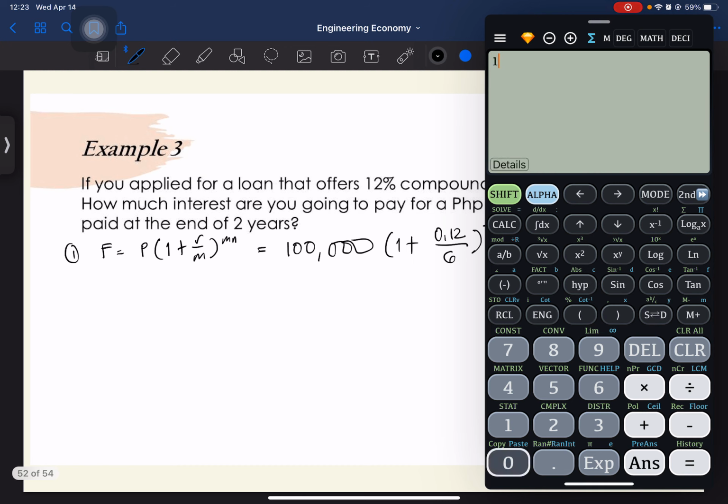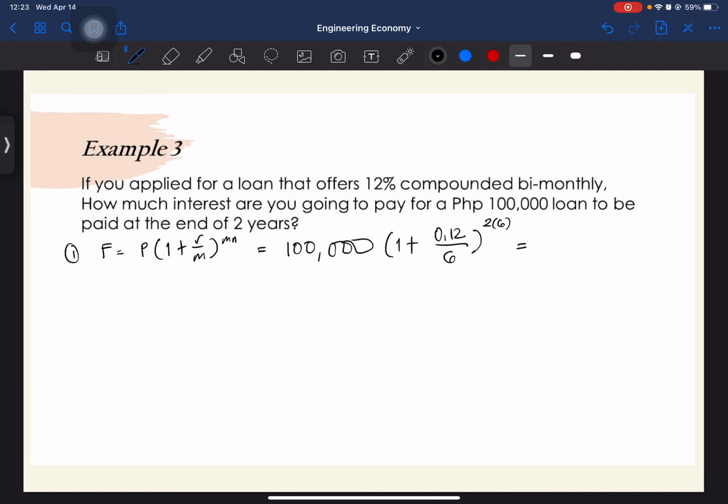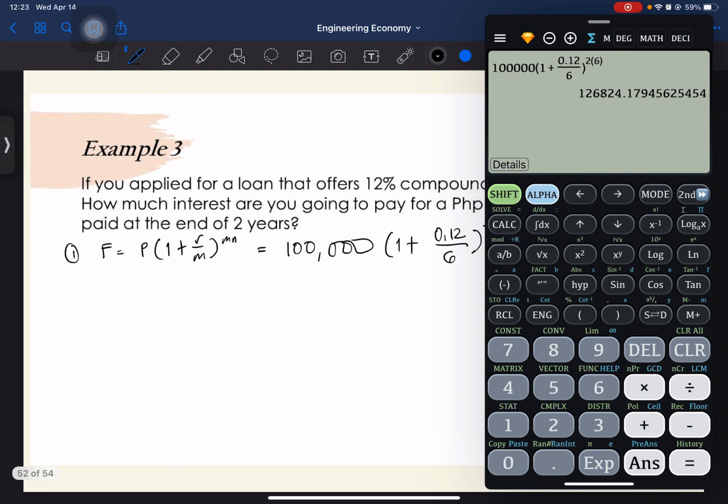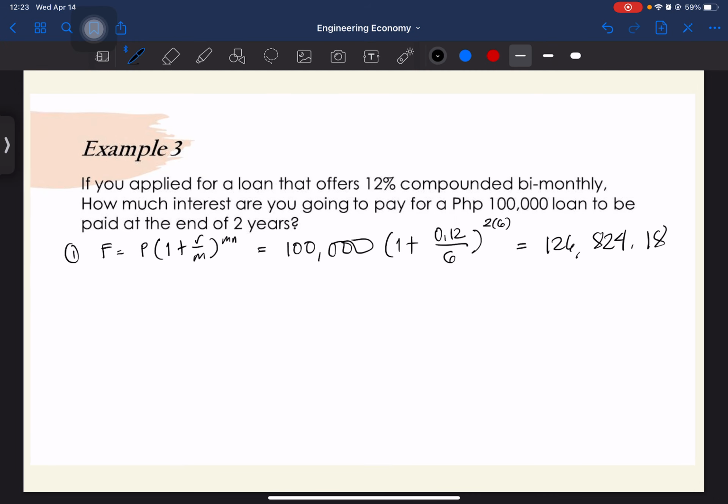So if you try to solve for that, 2 times 6. That's 126,824.18. Tingnan sagot natin.